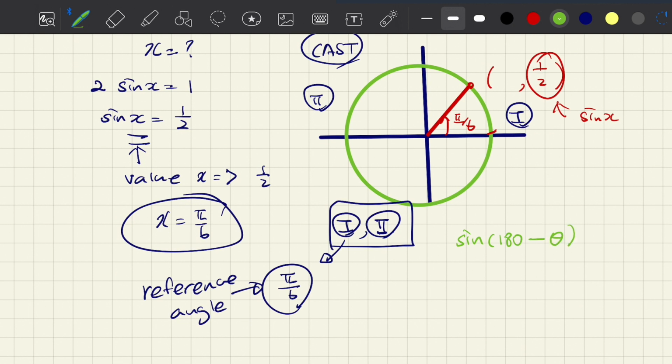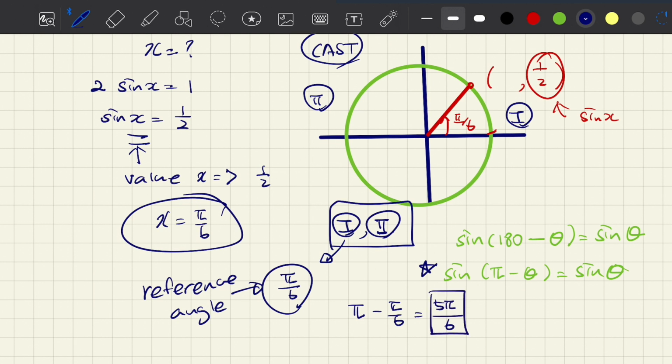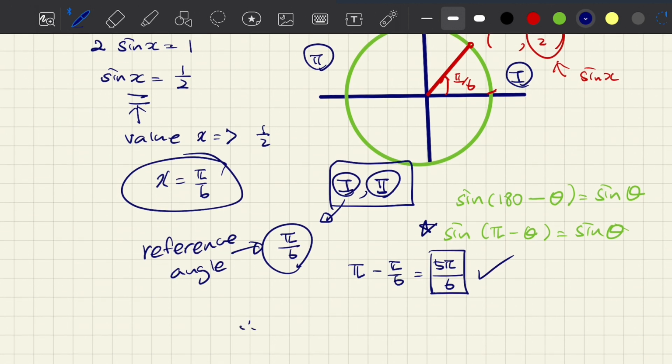Since everything is given in pi, or radians, we can say this is the same as sine of pi minus theta is equal to sine theta. Using this formula, pi minus pi over 6 is 5 pi over 6. So this is your second angle. The final answer for this question is that x is either pi over 6 or 5 pi over 6.